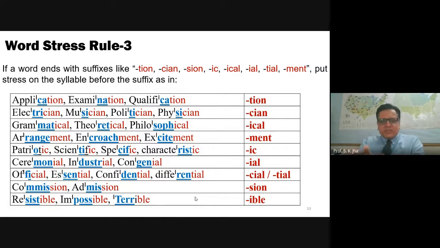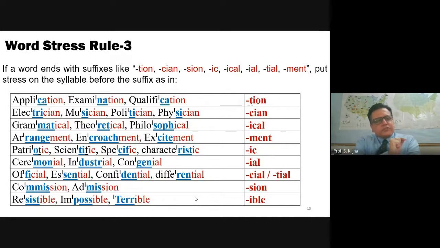So these are suffixes. Why are these suffixes, by the way? They are suffixes because they come at the end of any root word. Prefix comes before the root word and suffix comes after the root word. So if you have any of these suffixes, what will you do?